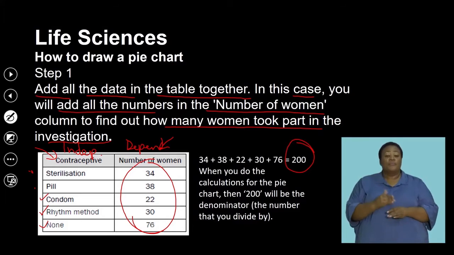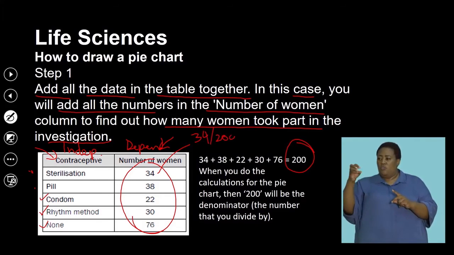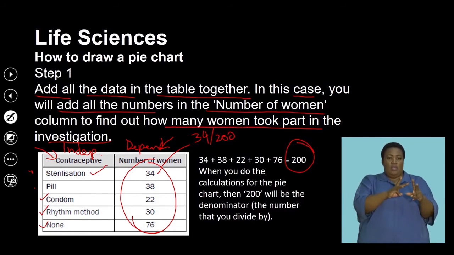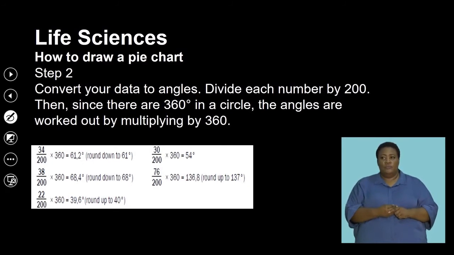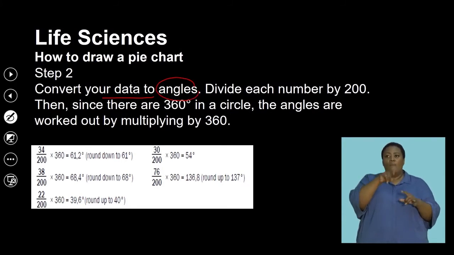Once you've done that, you now know that the total group we're looking at is 200. So we've got to illustrate each of these as a proportion. So it's 34 of the 200 women that are now using this specific method of sterilization. What happens next? We then need to convert the data to angles.